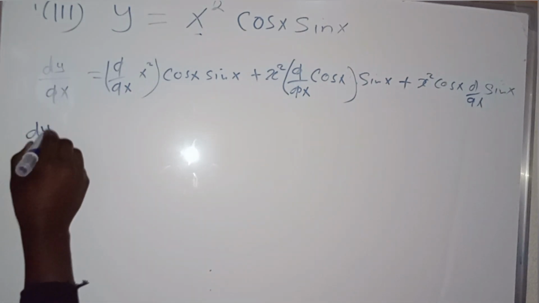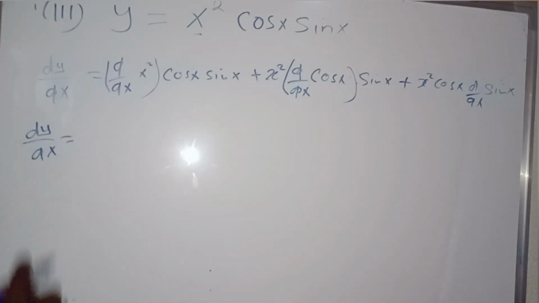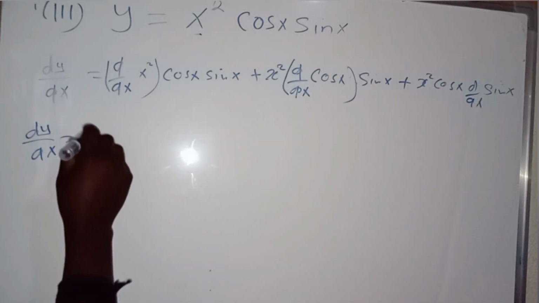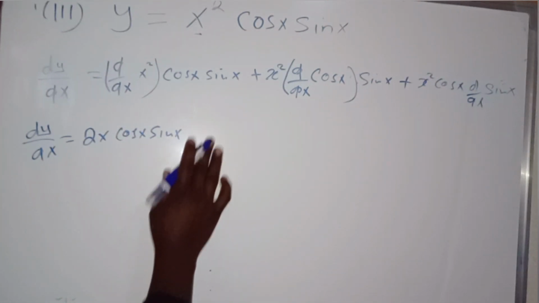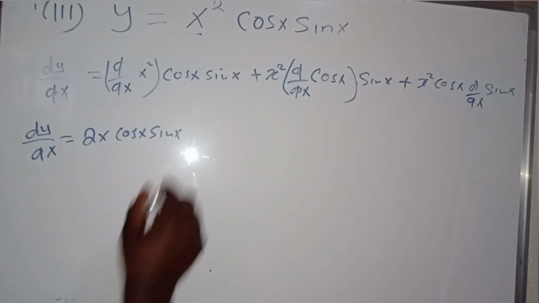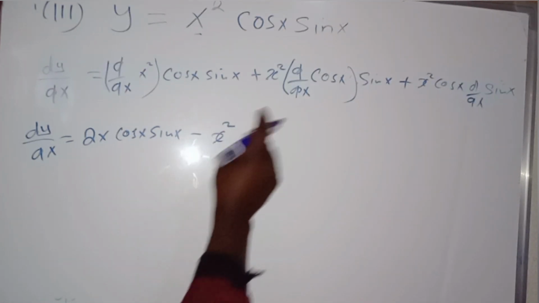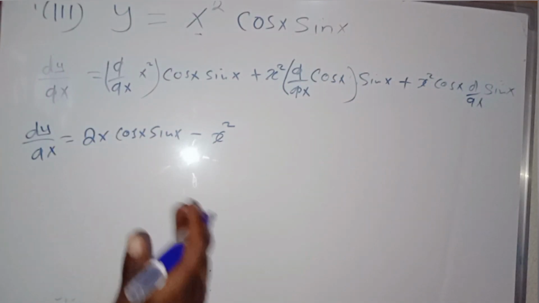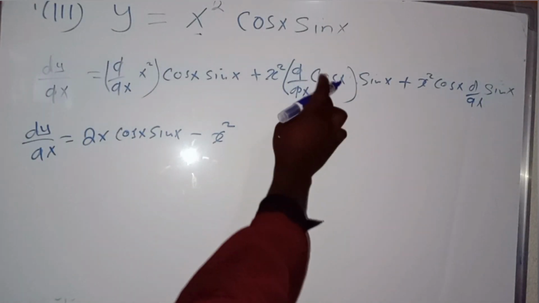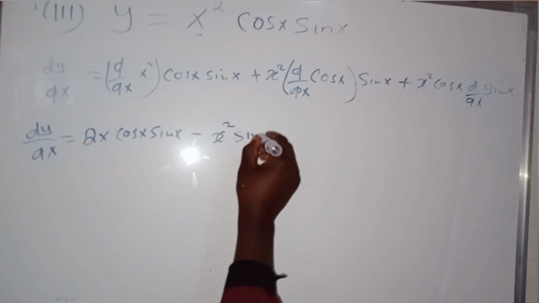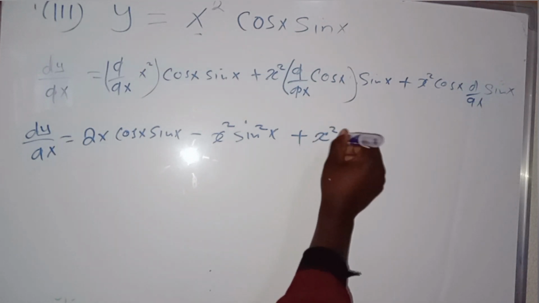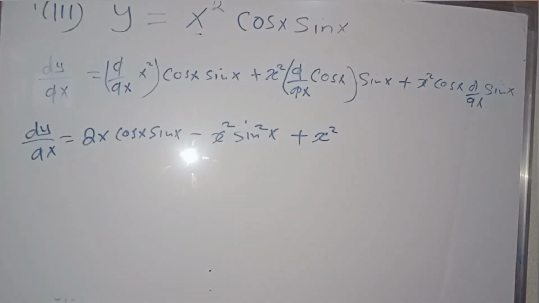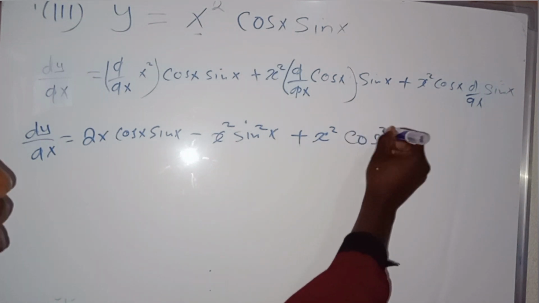It will be dy all over dx, derivative of x squared is 2x cos x sin x. Derivative of cos x is minus, so minus x squared, derivative of cos x is minus sin x. Sin x times sin x is sin squared x, plus x squared cos x times derivative of sin x, which is cos x, cos squared x.